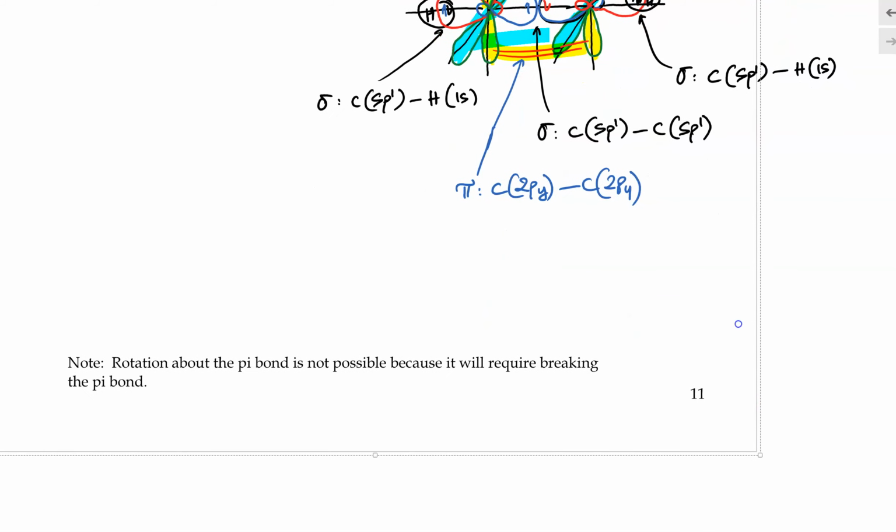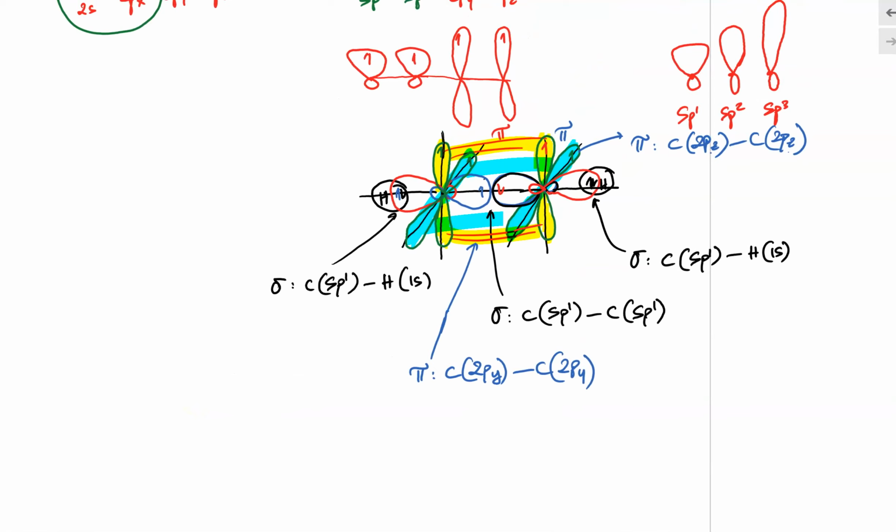And so notice the following: the rotation about the pi bond is not possible because that would require breaking the pi bond. Due to the formation of this pi bond right here, and because they are stable this way, these two orbitals right here can overlap.